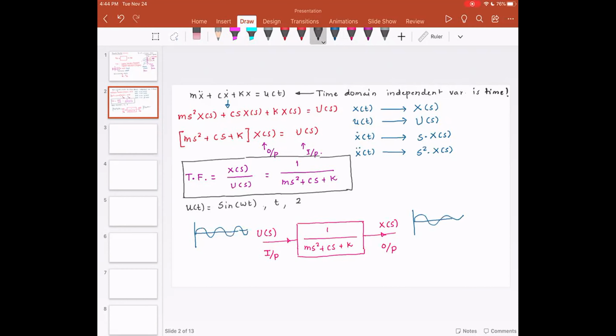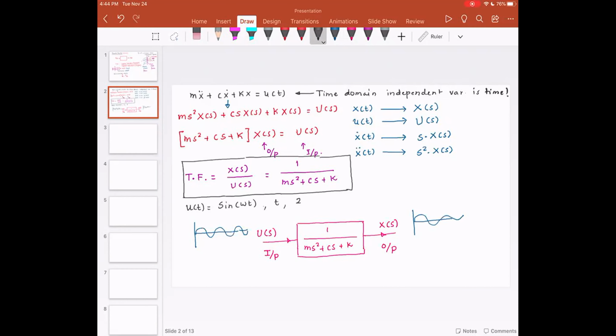And the answer to that question is, well, we have a quadratic expression. If this expression, and I will rewrite this again just for clarification, if this expression 1 over ms square plus cs plus k becomes something like 1 divided by 0, then my transfer function is going to be infinity.